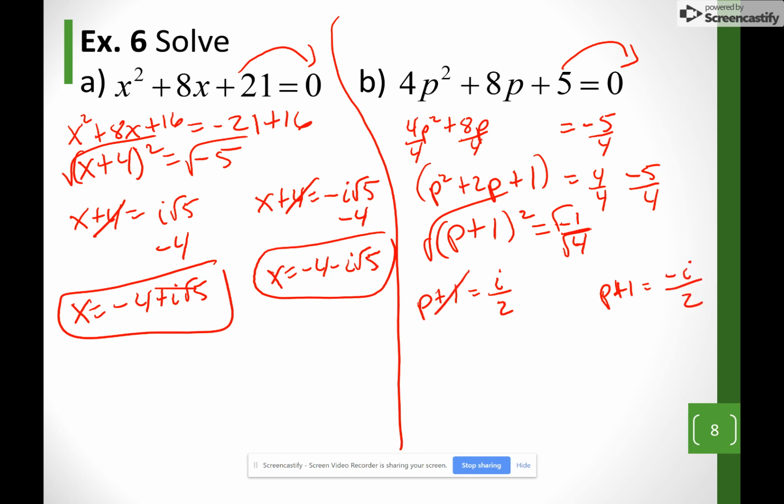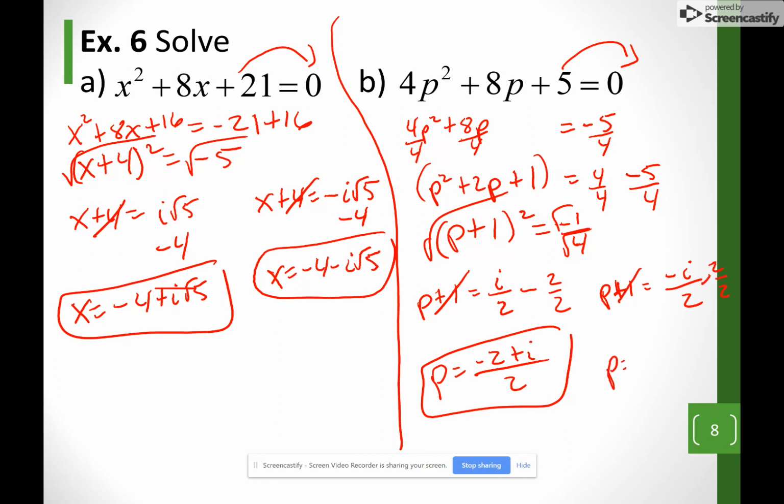Now let me subtract the 1, but once I write it on the right side, I'm going to write it as a fraction. So I'm going to get that p is equal to negative 2 plus i over 2. And p is equal to negative 2 minus i over 2. On the top, if you notice, I write the real numbers, the ones that have no i, first.